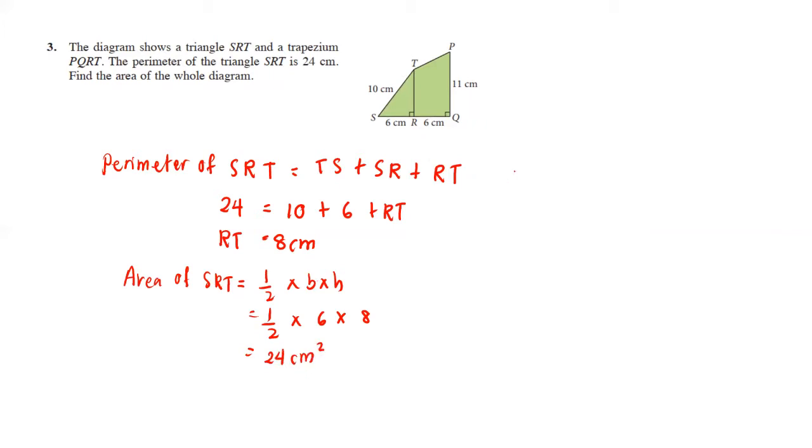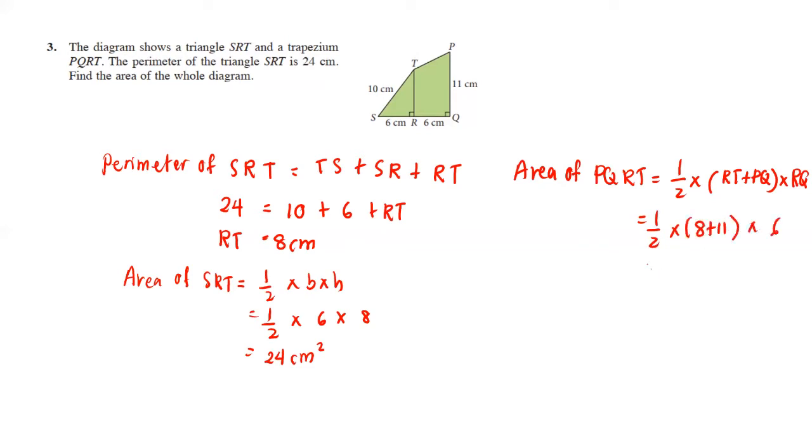Okay, next for area of PQRT. So we'll use 1/2 times the sum of parallel lines, which is RT plus PQ, times the height, which is RQ. So this will be 1/2 times 8 plus 11 times 6.